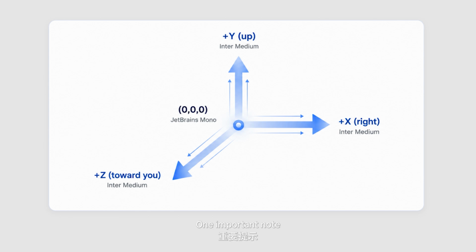One important note, when you receive data from spatial interactions, the hit location properties offset x, y, and z, and similarly translation x, y, and z for drags, use a different coordinate system. Their origin is the top left corner of the Reality backplate, and units are in layout points, not meters from the center. If you need to convert interaction data into entity positions, you'll need to account for this difference.